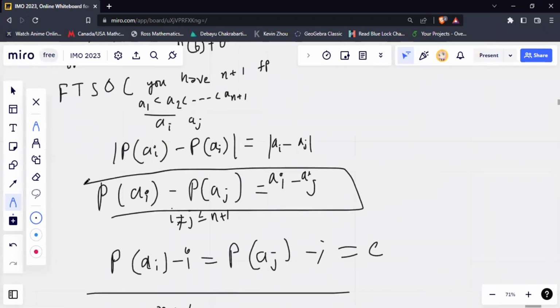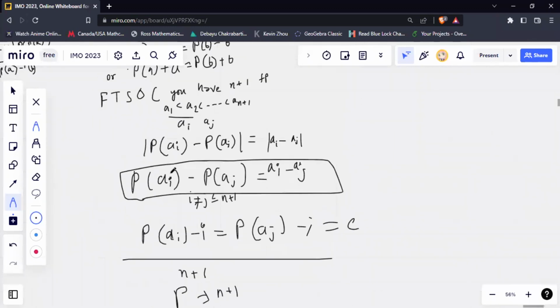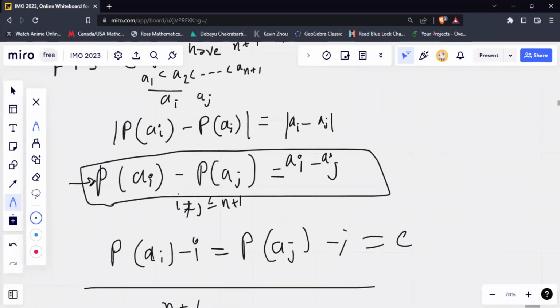We had assumed that this is true. So we know that if this is true for all ij, then we will be done. We can force this. Can we force this?